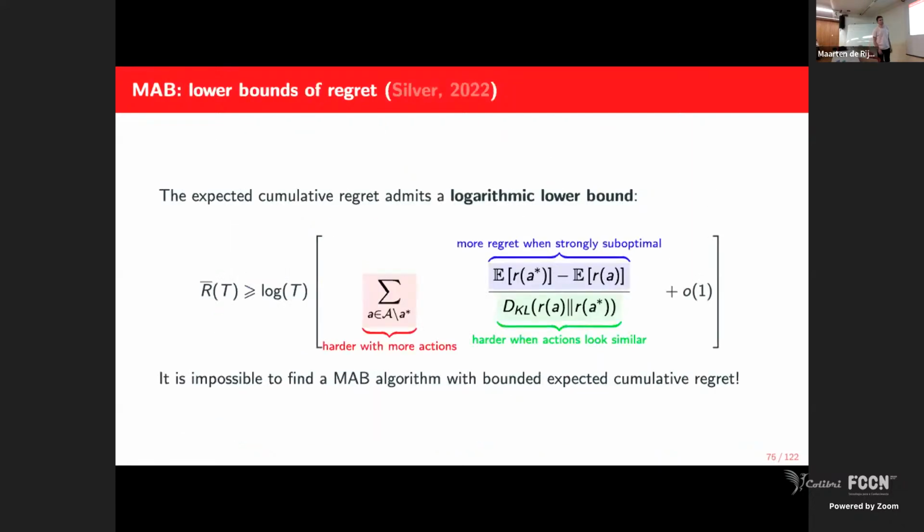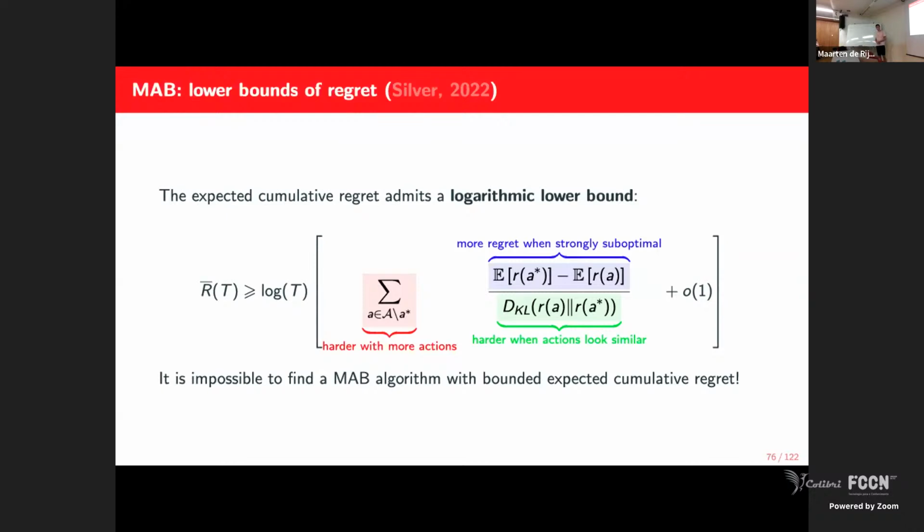Okay, so here's a little bit of math for people who like math. The metric we want to optimize is the cumulative regrets. We want to minimize it. So as I said before, that regret is always more than 0. It can't be better than the optimal action. So it means that the cumulative regrets is increasing.